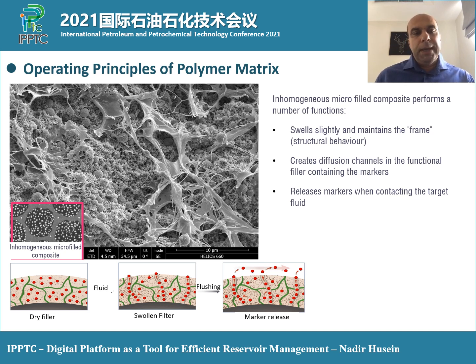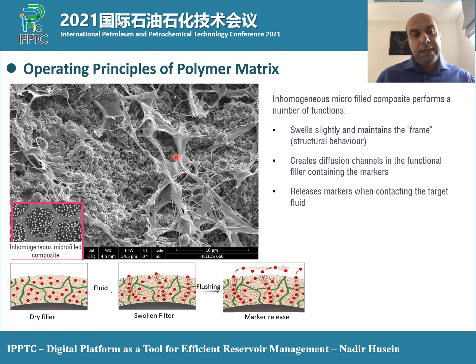So this slide shows the operating principles of the polymer matrix, or what we use as a composite material to controllably release the traces. So basically, each composite material has the microspheres that contains the traces or unique signatures.